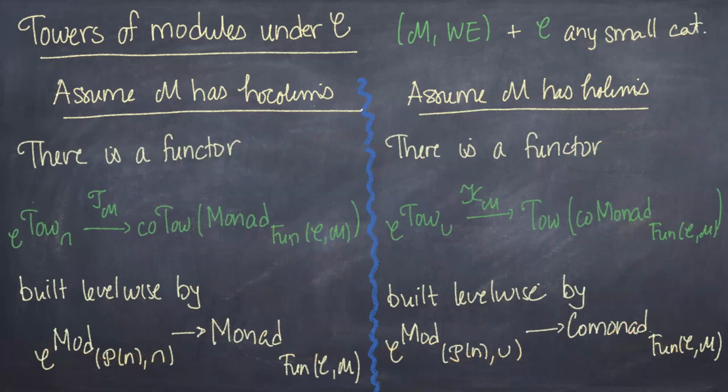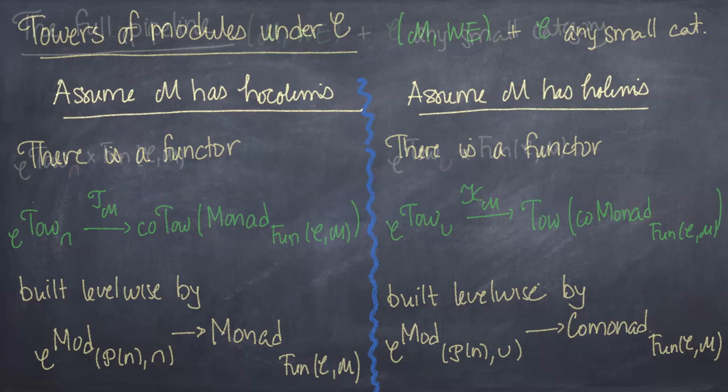Then we actually have functors that take towers like this of modules under C, with respect to either intersection or union, and the left-hand side will produce cotowers of monads, or towers of comonads on the right. That'll be built levelwise using these ways we had of going from modules under C to monads, or modules under C to comonads, depending on whether we were looking at the intersection or the union structure.